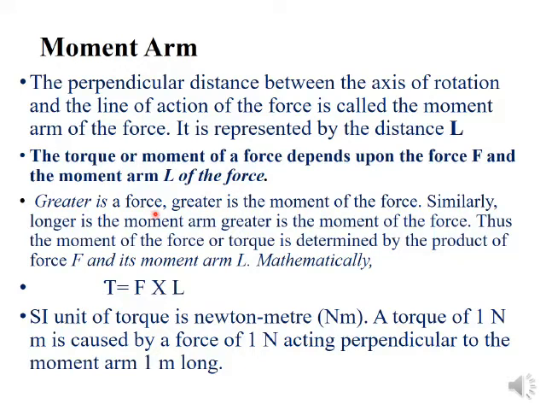Greater the force, greater is the moment of the force. Similarly, longer the moment arm, greater is the moment of the force. Thus, the moment of the force or torque is determined by the product of force and its moment arm L. Mathematically, torque equals force times L, the moment arm.